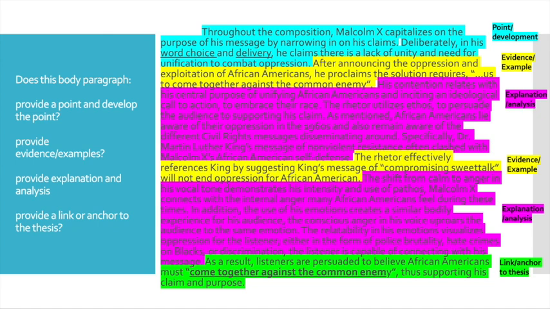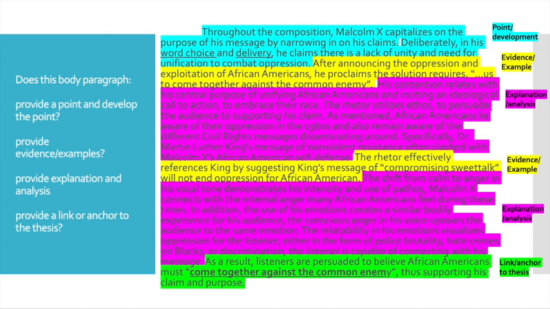The analysis is the part where you are providing the evidence to support the claim. So in this case, the writer is making this claim that Malcolm X capitalizes on the purpose of his message by narrowing in on his claims. Deliberately in his word choice and delivery, he claims there is a lack of unity and need for unification to combat oppression.